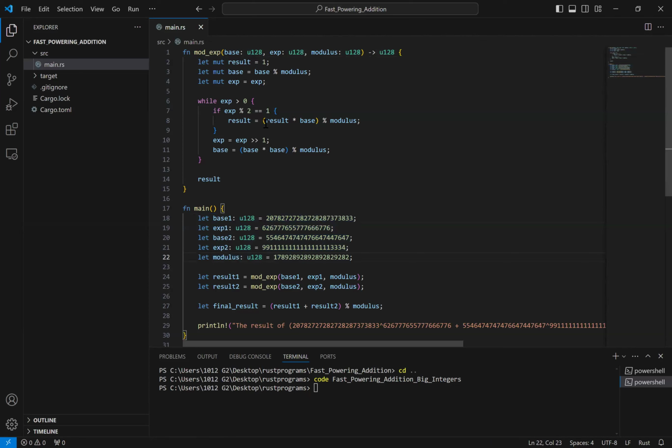If you want A raised to 20 plus B raised to 30 plus C raised to 50 and so on, just come and continue defining your base 3 and exponent 3 here. Define your base 4 and exponent 4. Define base 5, exponent 5.